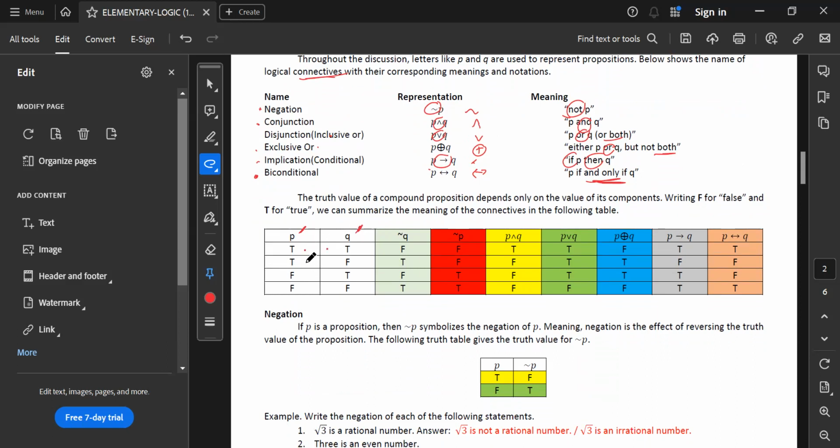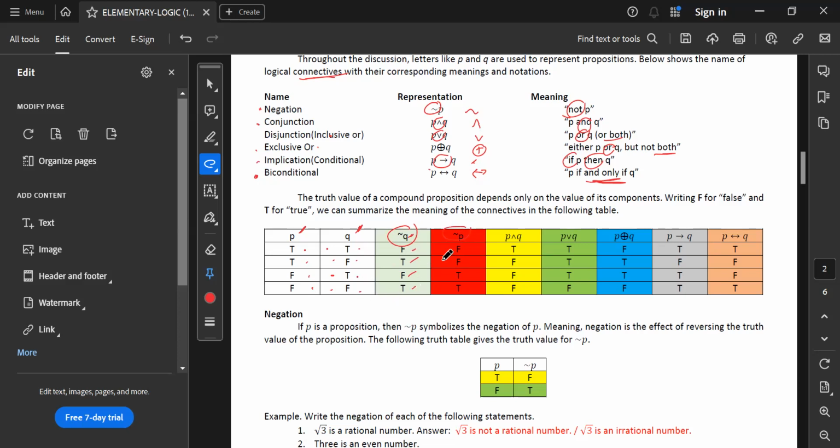So true and true, true and false, false and true, false and false. Now, not Q: we take the negation of our Q statement. Q is true, so its opposite is false; false becomes true; true becomes false; false becomes true.